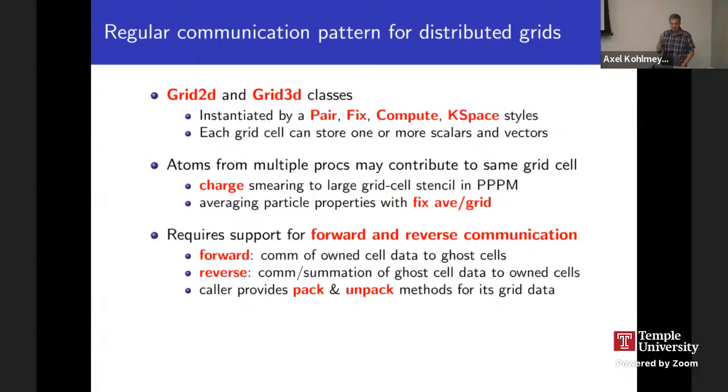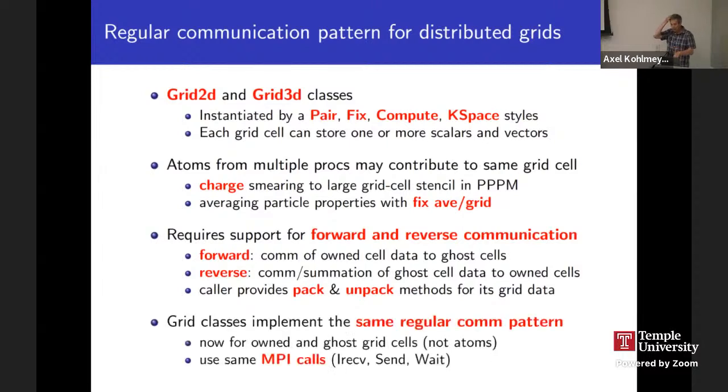So what that means is there's a requirement to be able to do forward and reverse communication on these grids. Forward communication, in analog with the particles, is when owned grid cell data is sent to ghost cells, and reverse is the inverse: ghost cell information is sent back to the owners of those grid cells. So again, the caller is going to provide pack and unpack methods, the fix or the pair style or the compute that's using a distributed grid, so it can pack exactly the data that it wants to ship in the forward and reverse context of the processor.